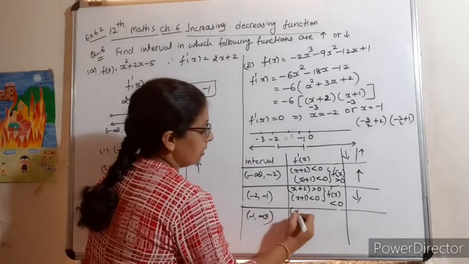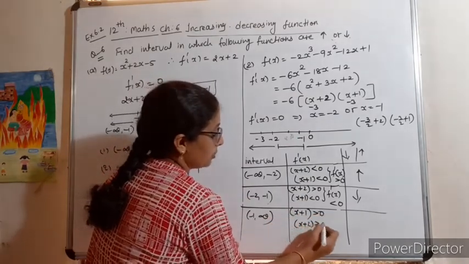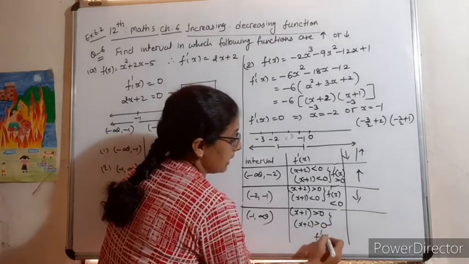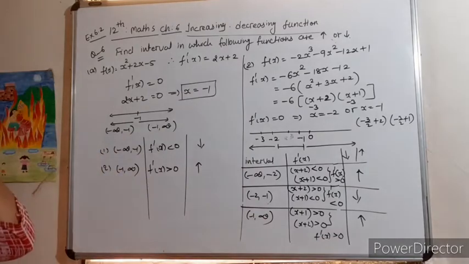So here x plus 1 greater than 0, x plus 2 greater than 0. Please say that f dash x greater than 0. Again it is increasing. So this 3 interval, उसमें 2 interval में वो increasing है, right? Yes.